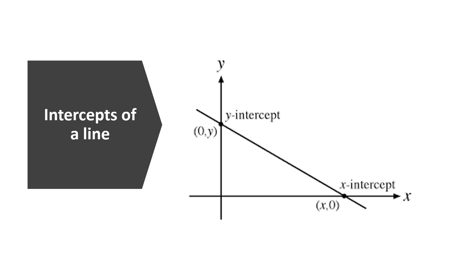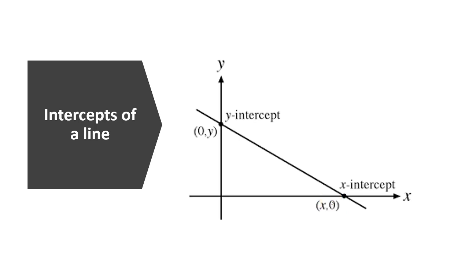Intercepts of a line. For this example, we have two intercepts. The y-intercept is where this line is crossing the y-axis, and it will always have a value of x equal to 0. The x-intercept is the point that is crossing the x-axis, and it's always going to have y equal to 0.